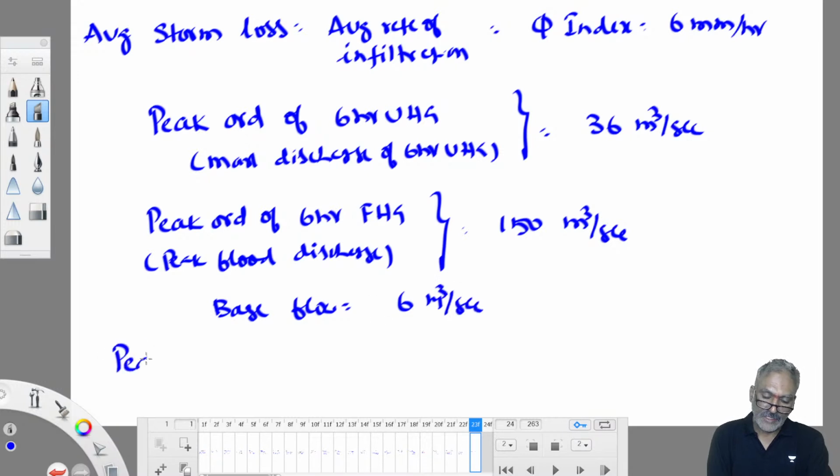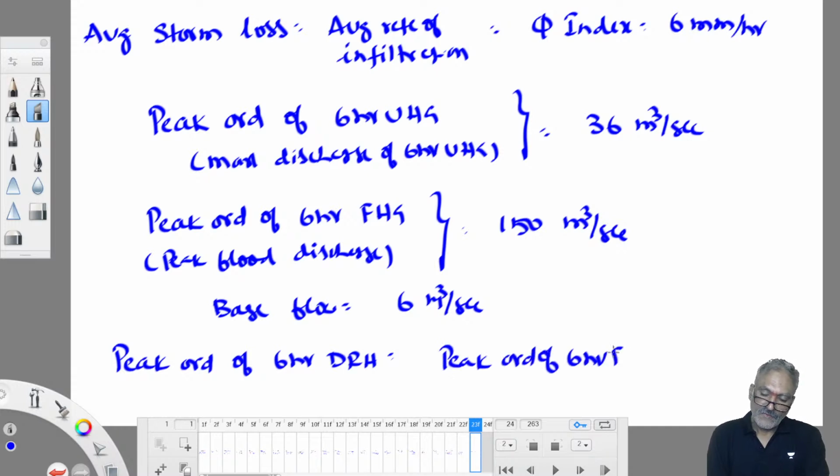So therefore the peak ordinate of the 6-hour direct runoff hydrograph is equal to the peak ordinate of the 6-hour flood hydrograph minus base flow. So it is 150 minus 6, which is 144 cubic meters per second.